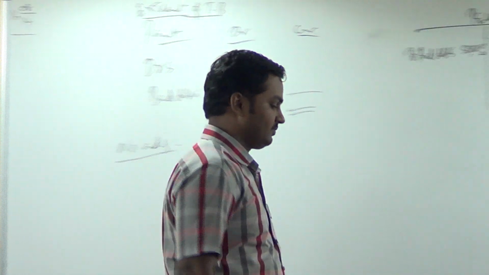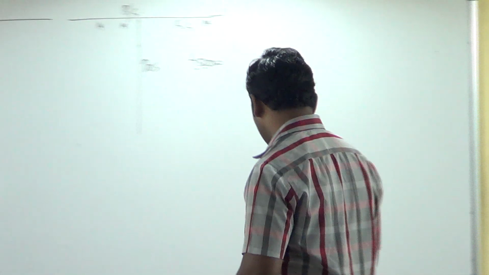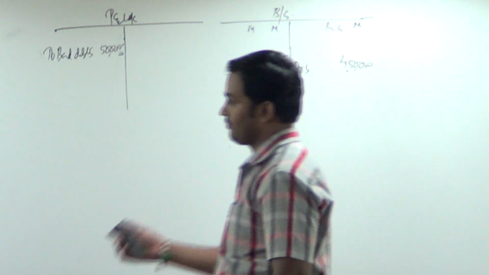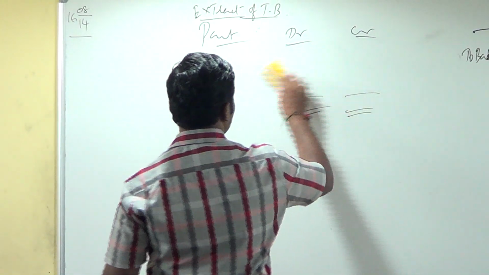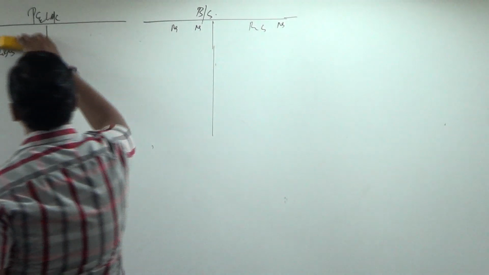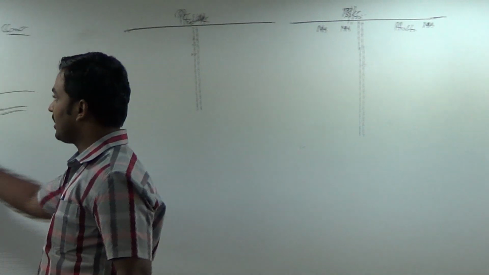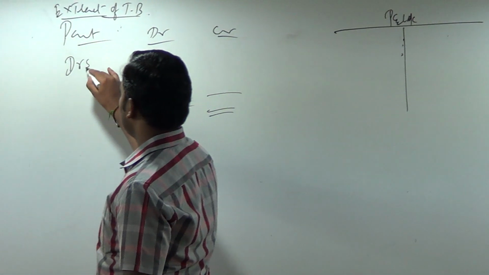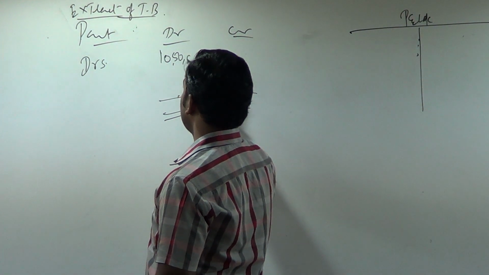Next problem. Write down. Extract of a trial balance. Debtors, debit balance 10,50,000.